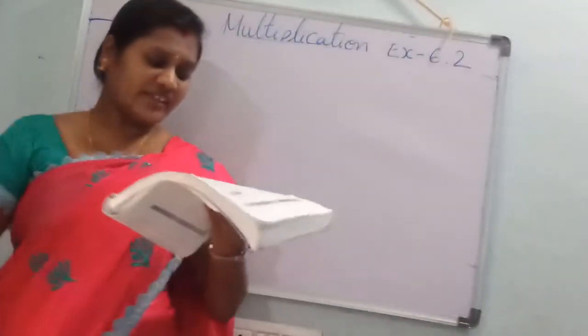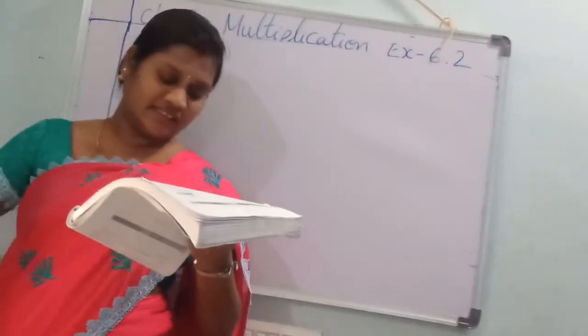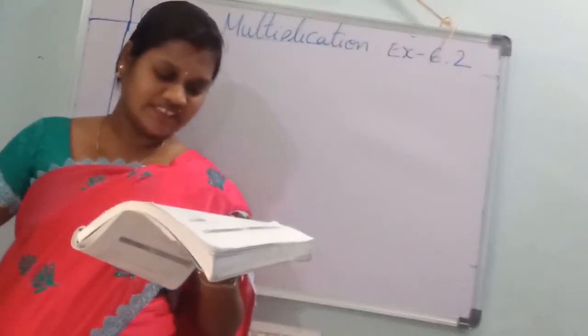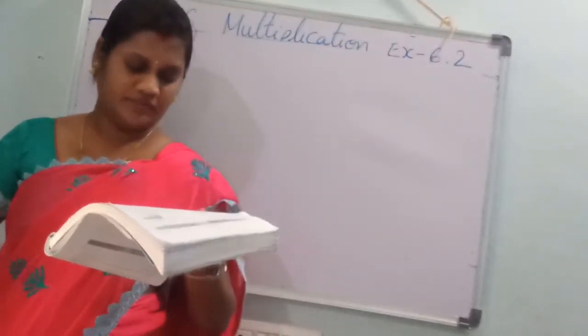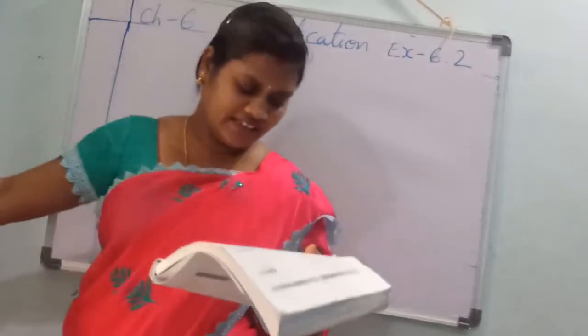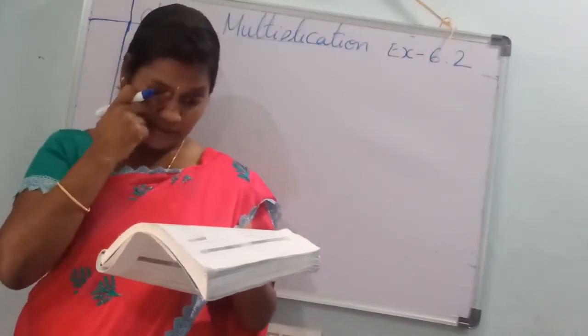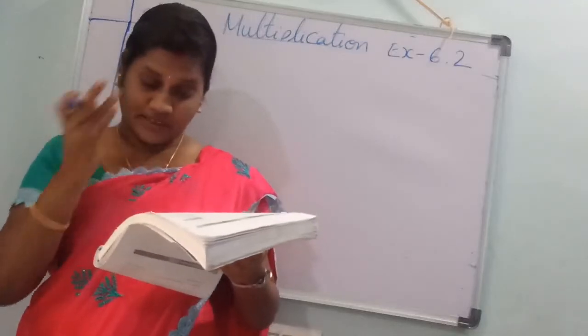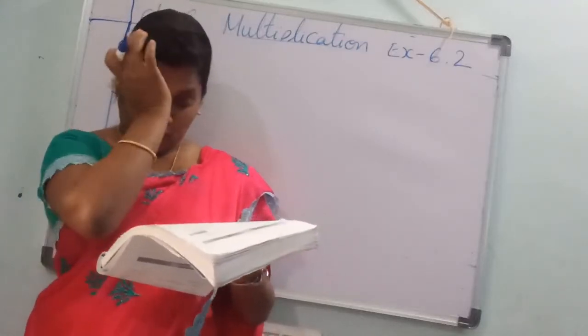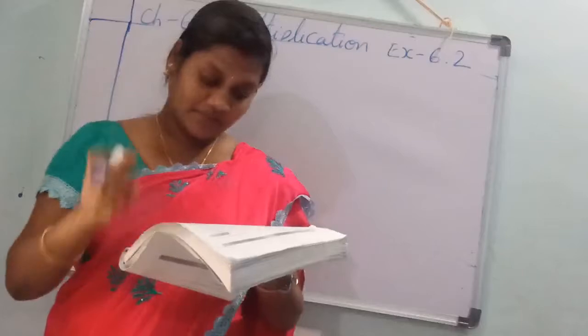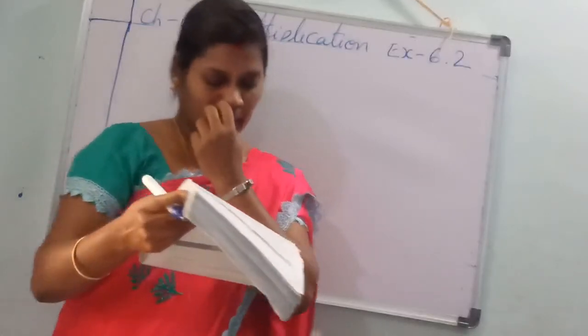See 19th one. Ajay kept 675 stamps in a box. If he has the same number of stamps in 13 such boxes, how many stamps does he have in all?